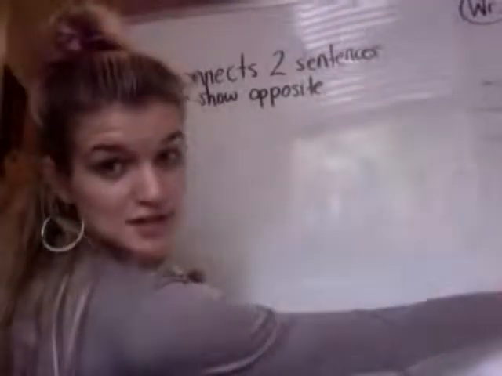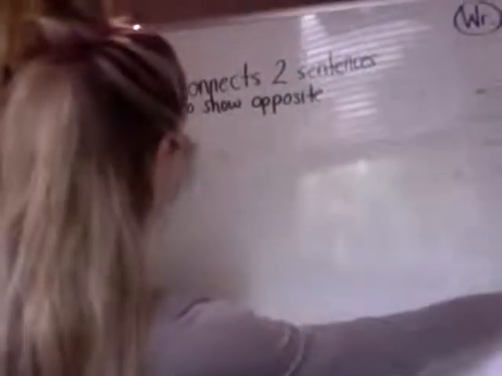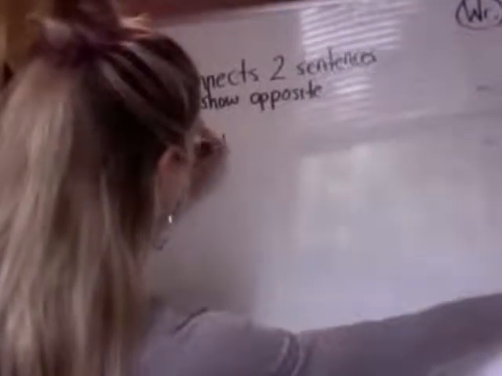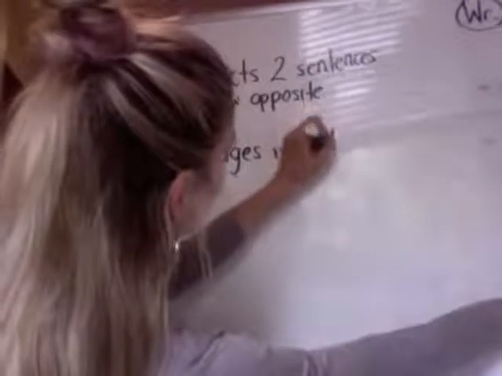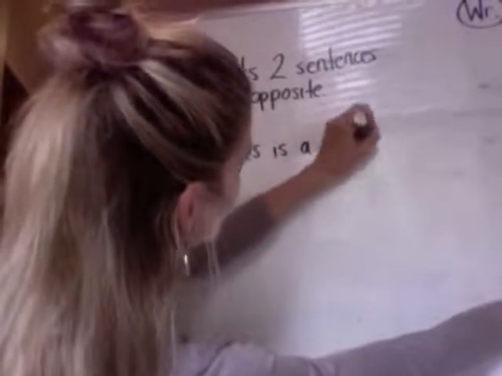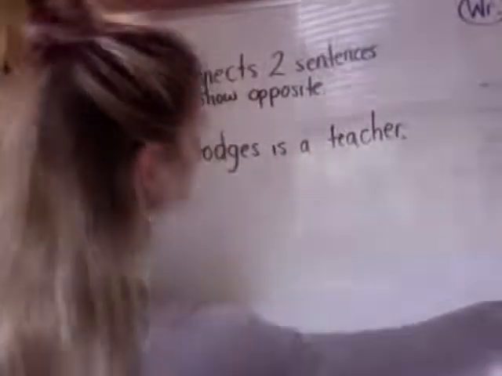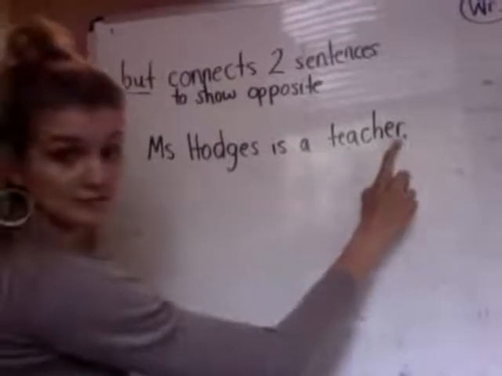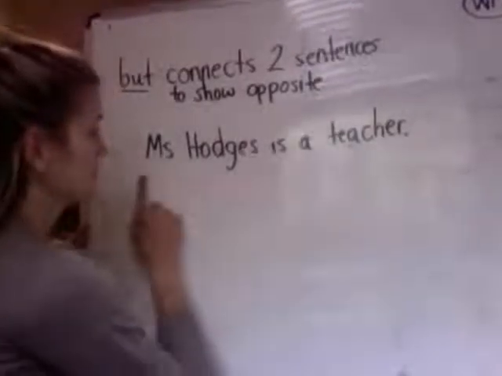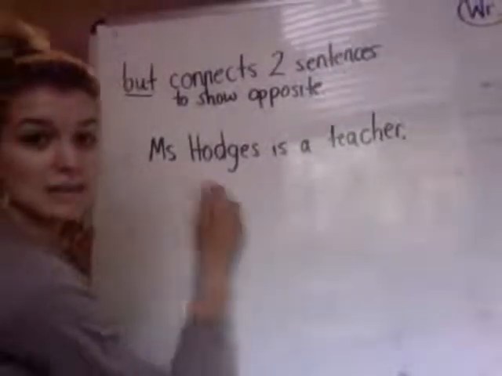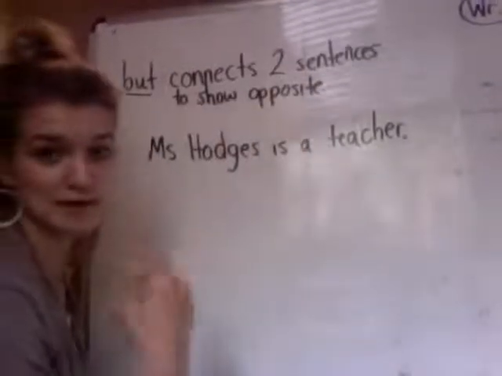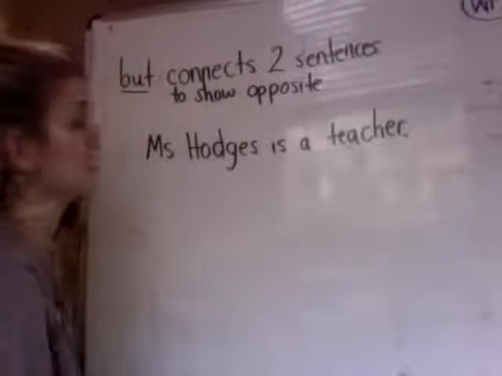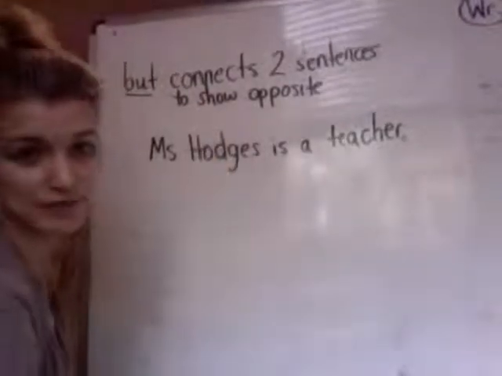I'm going to write, Miss Hodges is a teacher. Capital letter, name, period. Miss Hodges is a teacher. Okay, that's my first sentence. That's my first idea. I'm going to use an opposite idea now.